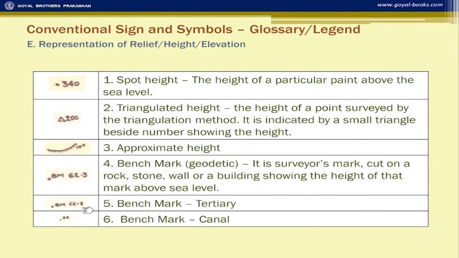The benchmark for the canal is shown with a dot with the height written in brown. That is the difference. BM, benchmark, and the mark for the canal is always shown in brown.